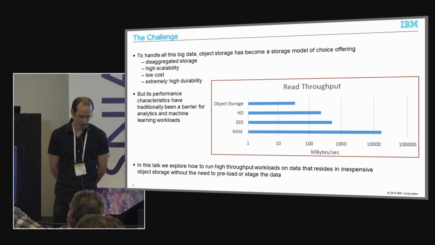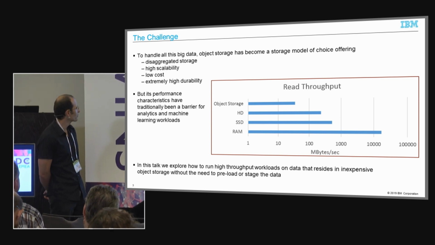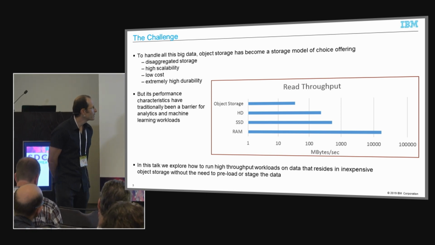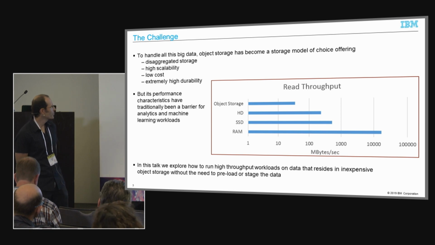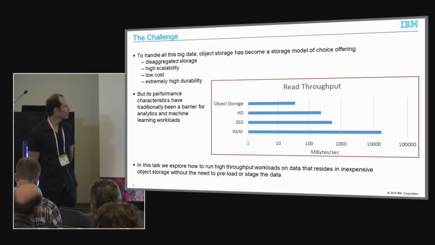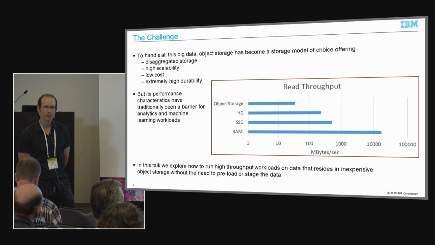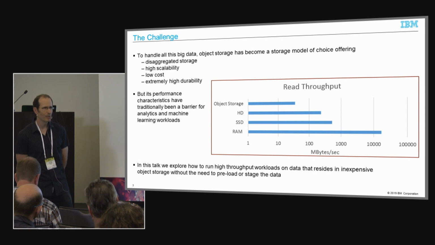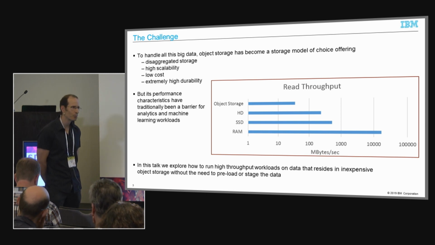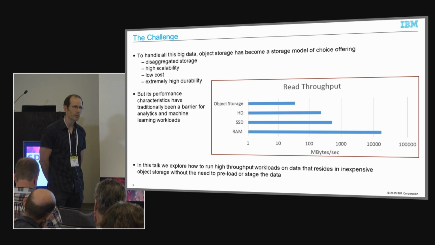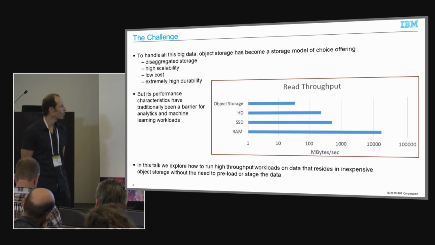We looked at their system, and it was obvious why it was taking so long. The performance of object storage is really not geared for analytics and high throughput workloads like machine learning. It's meant to be inexpensive, and the latency and throughput for single connections just is not totally there.